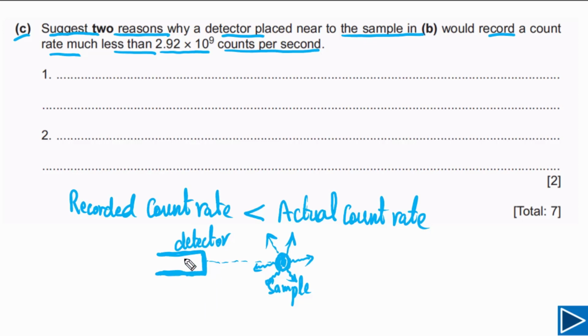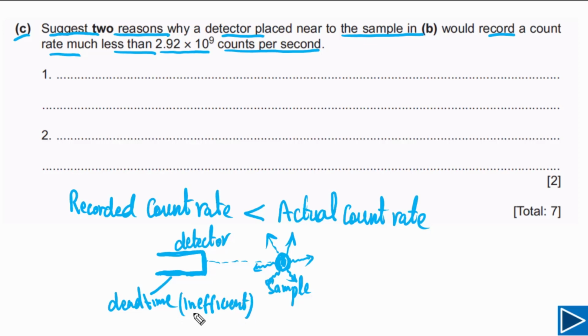We can also say that the detector is not efficient enough, meaning it cannot detect all the radiations reaching it, or we can say this detector has dead time.